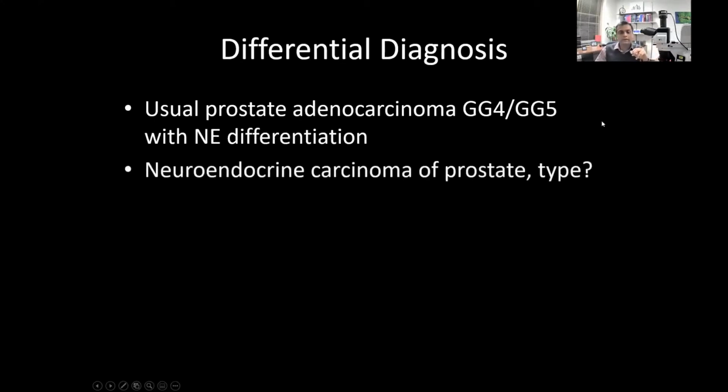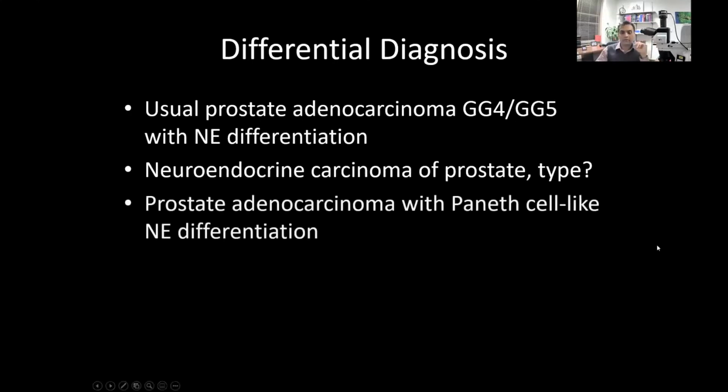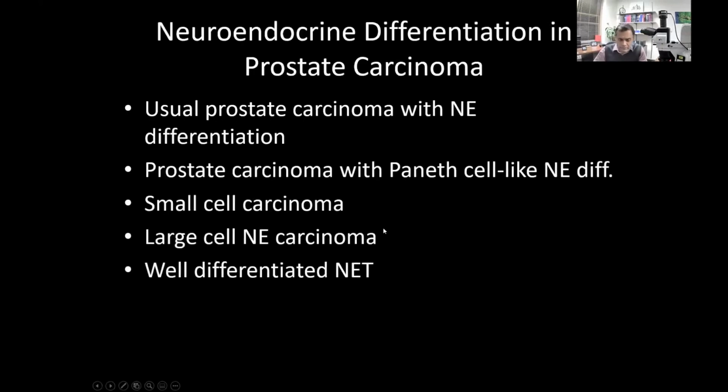Another possibility is, could this just be a plain neuroendocrine carcinoma of the prostate? If so, what type? Like a small cell carcinoma, large cell neuroendocrine carcinoma, or something else altogether? And then there is another entity that we all know as prostatic adenocarcinoma with Paneth cell-like neuroendocrine differentiation. So could it be that?